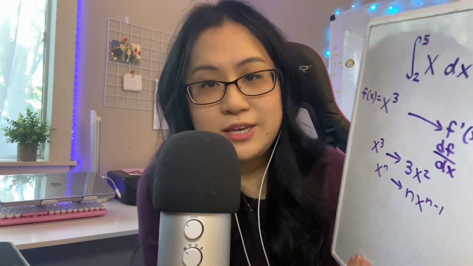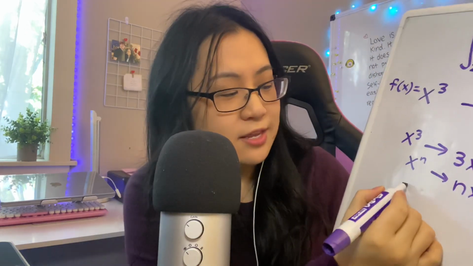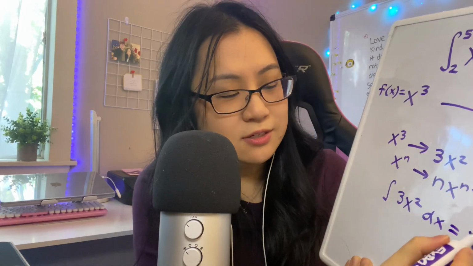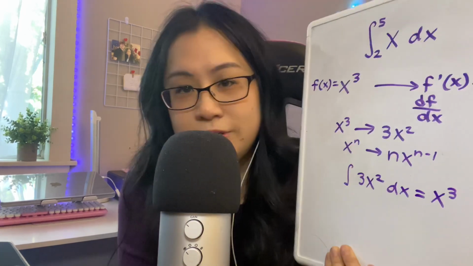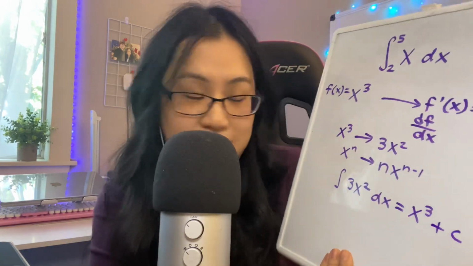So in this case, the antiderivative, or the integral of 3x squared dx, is x cubed, with a little caveat here, but I need to put in a plus c.